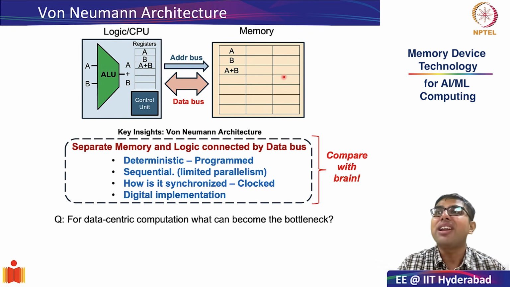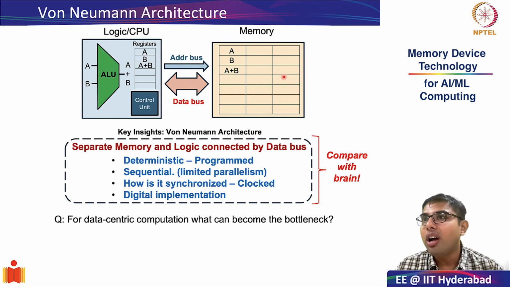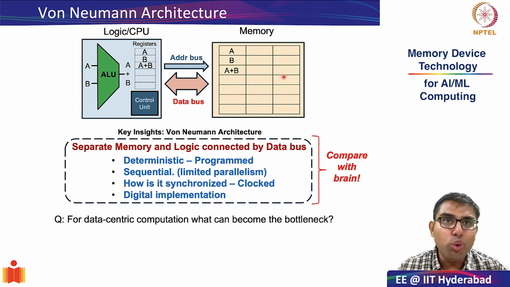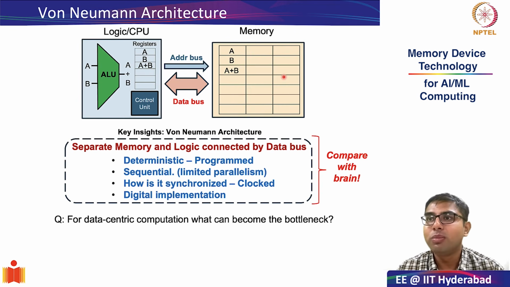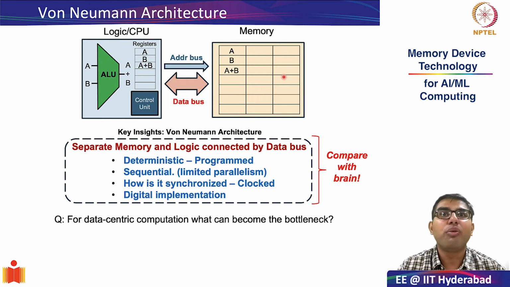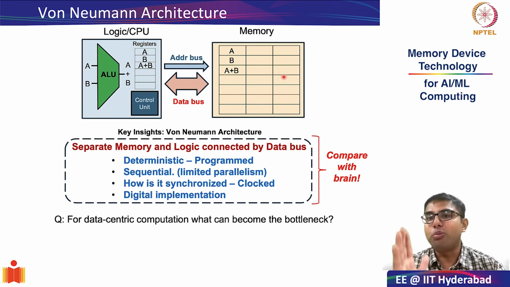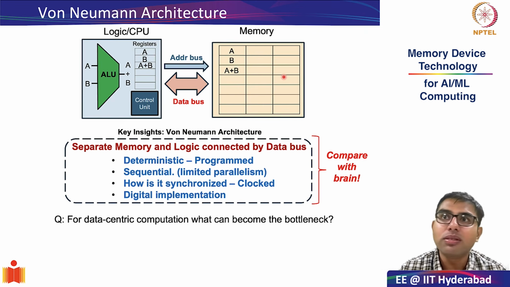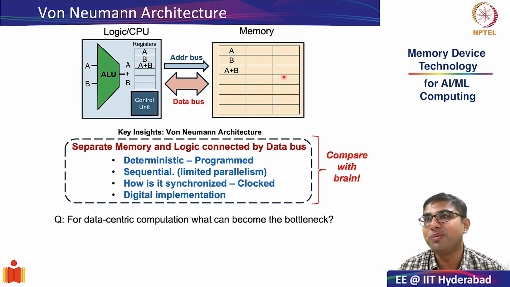If you look at the previous slide, we saw when you are adding two numbers A and B, the actual addition portion was a very tiny fraction of all the steps that were taking place. Most of the time, the operation went into shuttling data back and forth from the memory to the CPU element and within the CPU.